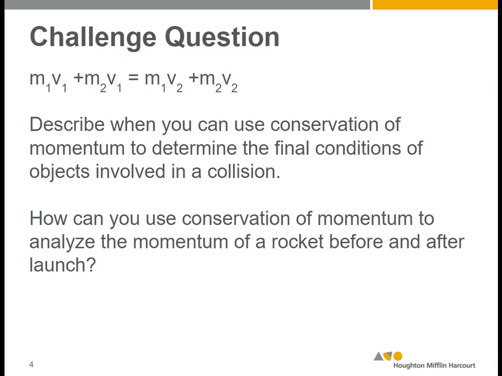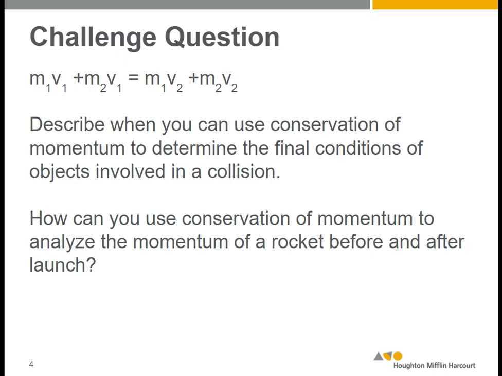When you have an equation with two unknowns, it is difficult to solve. You need to make one of those unknowns known. We can use an extra equation with the same unknowns to solve for the final velocities of the objects.